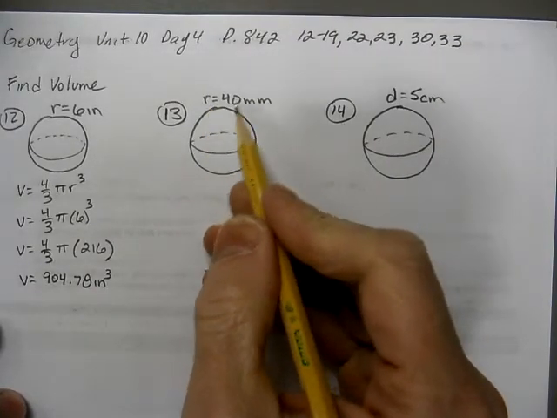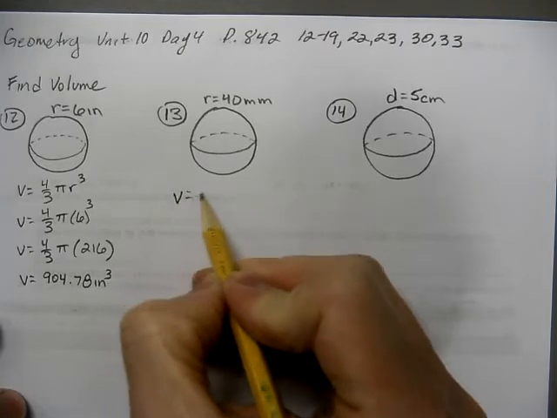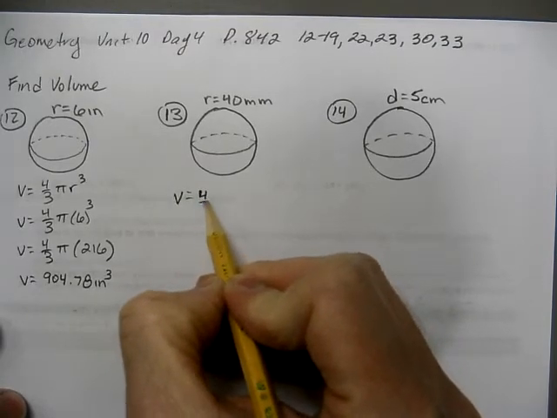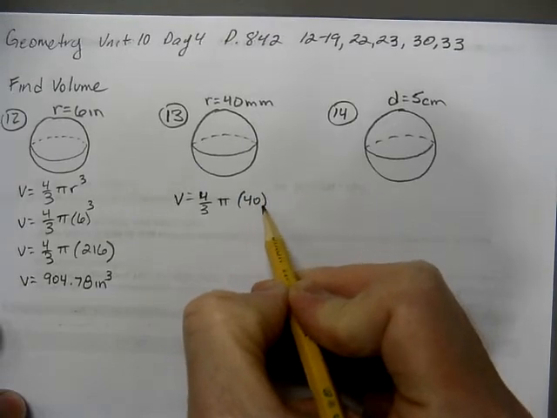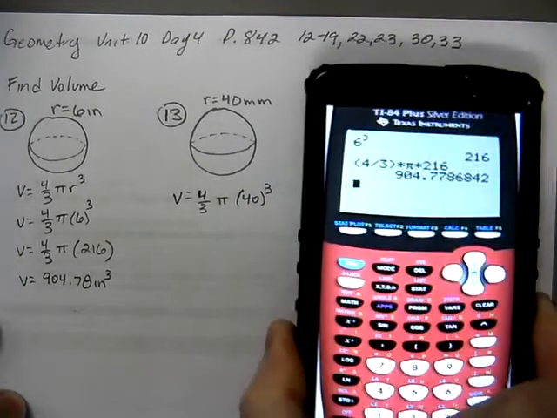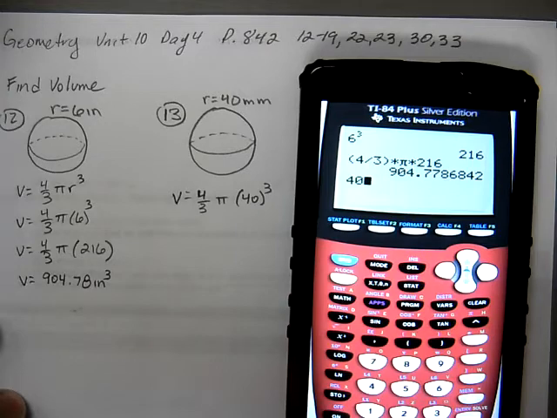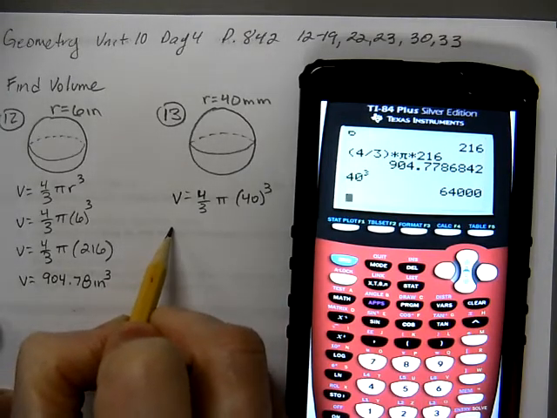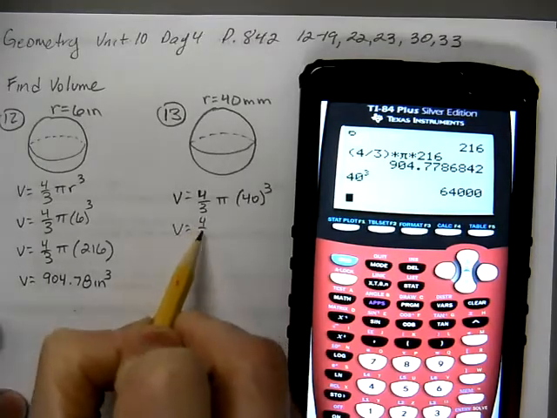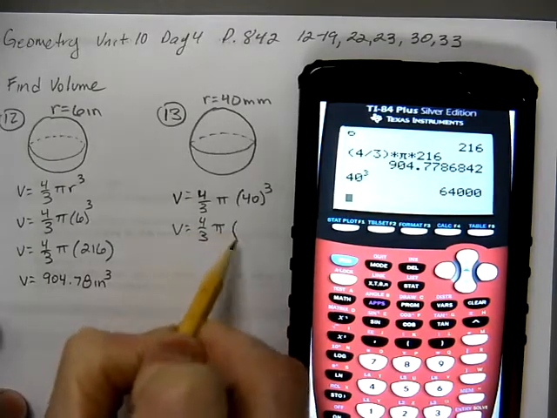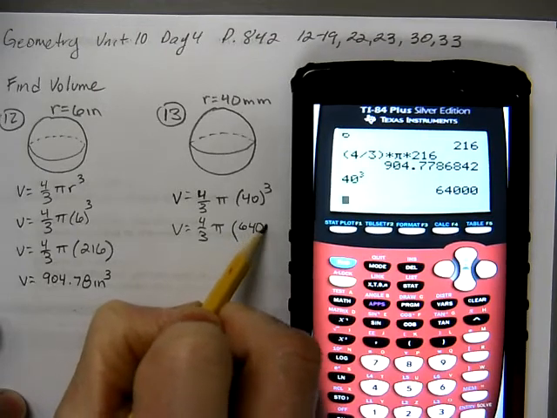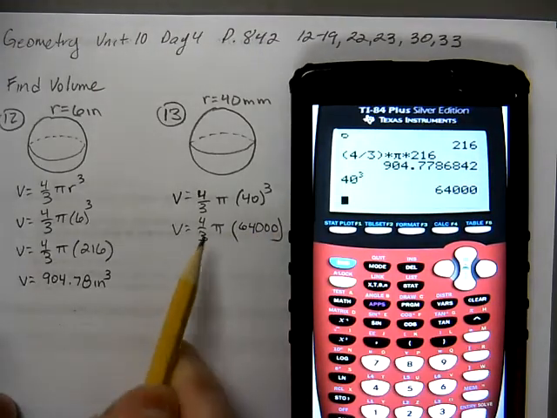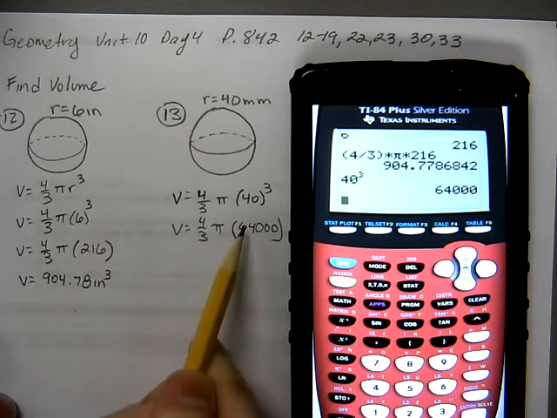Here the radius is 40 millimeters, so 4/3 pi radius cubed. Well, we'll take our radius and we'll cube that. We get 64,000. You could multiply that by 4 and divide it by 3.